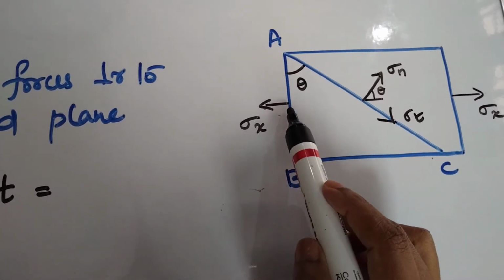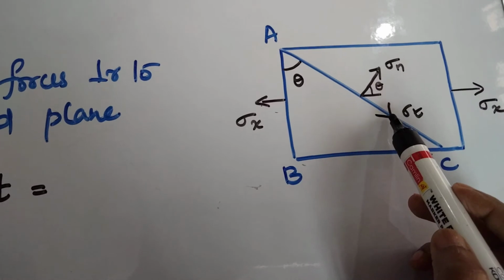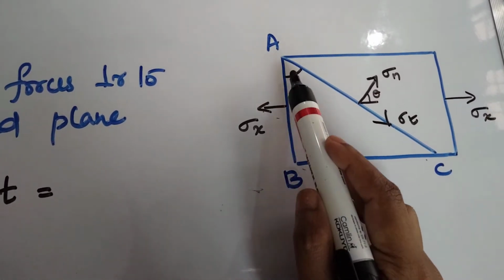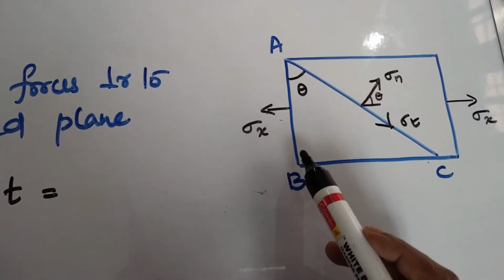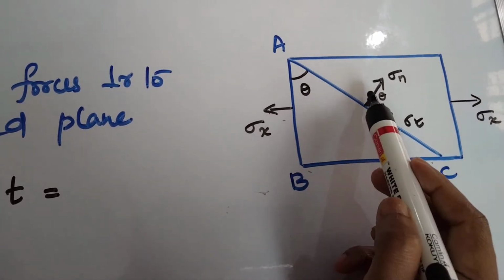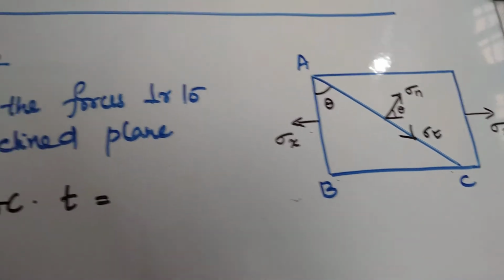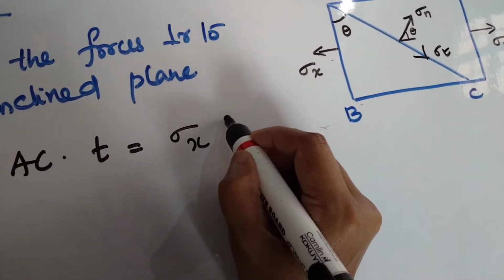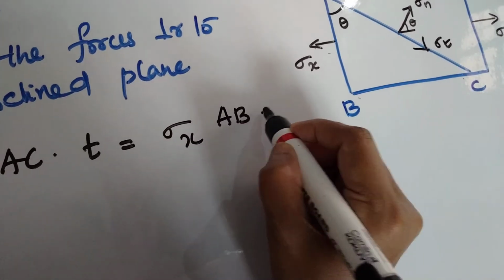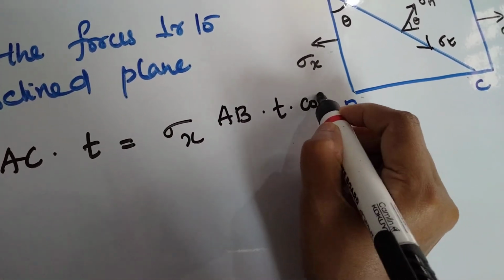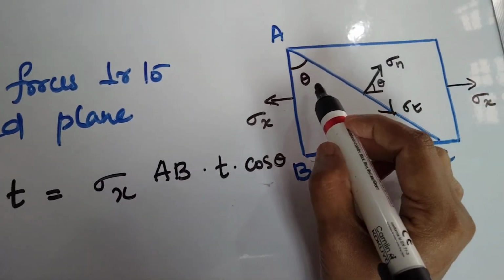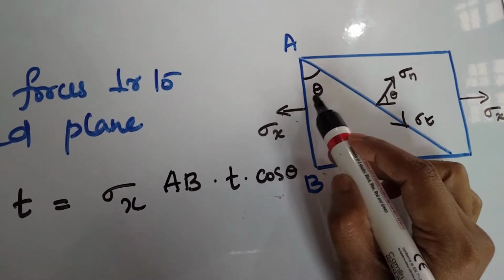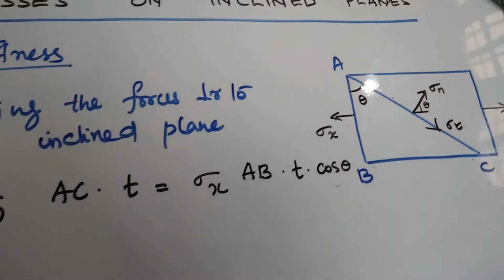Sigma x acts here, and we have to resolve it into the AC component. So it will be sigma x into the side AB into thickness t into cos theta, because we are resolving it along AC and this is the adjacent side, so it will be the cos component.